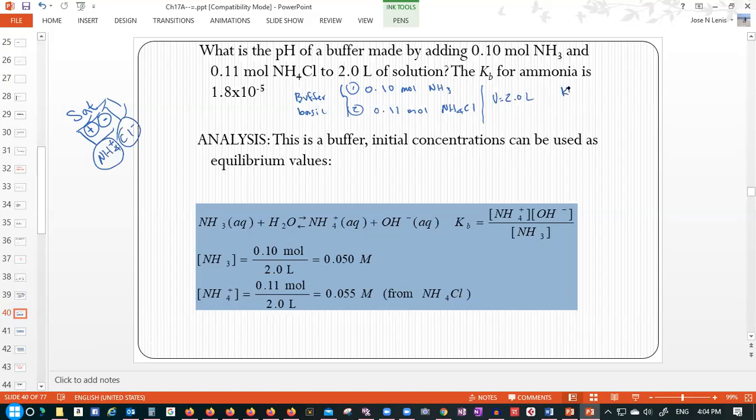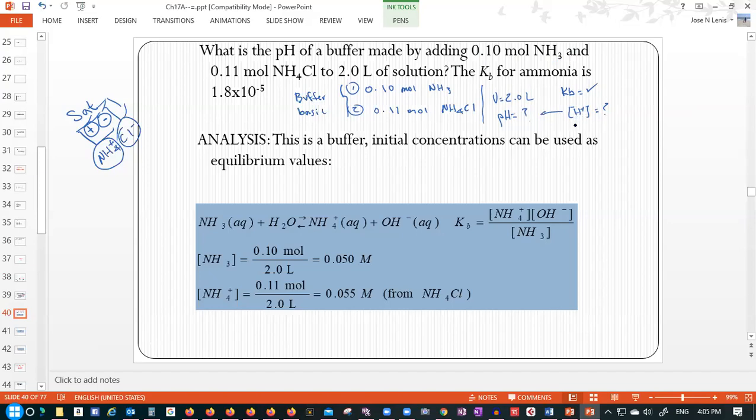Kb for the weak base is given. So the question is the pH. What is the pH? So what do you need to find the pH? Of course, we need to find the concentration of H+. And we don't know that. But this is not an acid. So how do we measure the concentration of H+ if this is not an acid?